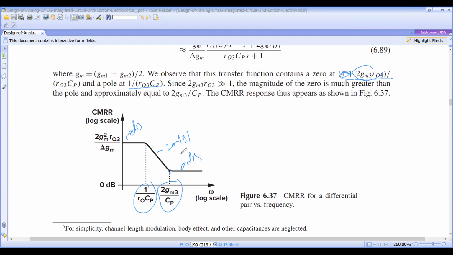This is the CMRR of the differential pair versus frequency, how the CMRR changes with respect to frequency. So here is 0 dB, minus 20 dB, again 0 dB. This CMRR transfer function has 1 pole and 1 zero. The zero magnitude is much greater than the pole magnitude. That's why the pole will come first, then the zero will come later.